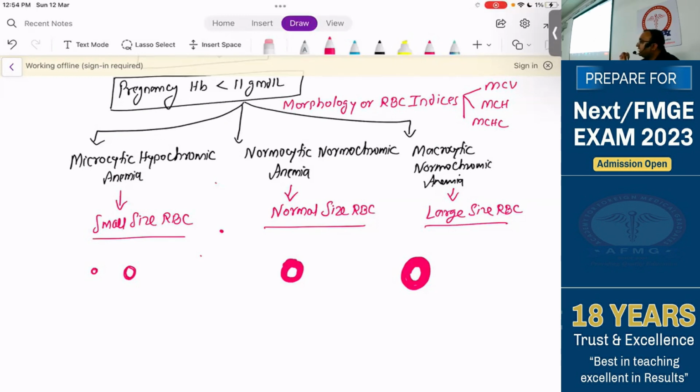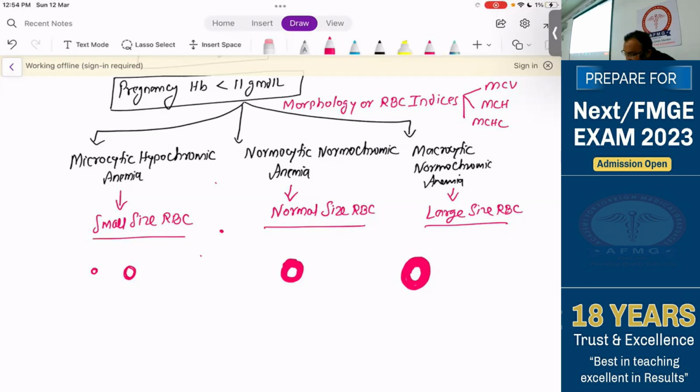If RBCs are smaller than that cell, then RBC becomes smaller size. If RBCs are larger than that cell, that means RBCs are actually larger. And if RBC size is similar to that cell, that means our RBCs are of normal size. So you have to compare the size of RBC with some other standard cell which is not going to change its size in different kinds of anemia.